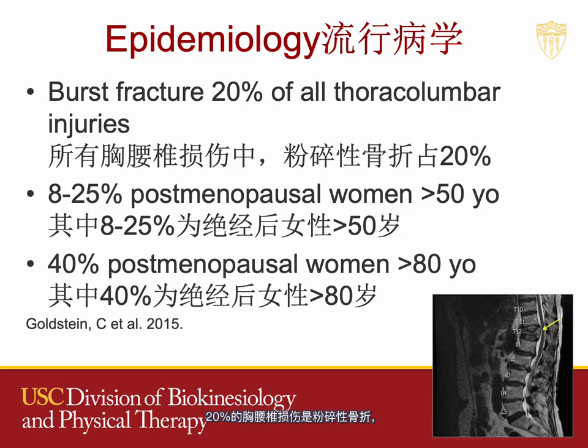So 20% of all thoracolumbar injuries are a burst fracture, and 8 to 25% of the patients that have these kinds of fractures are postmenopausal women over the age of 50, and 40% are postmenopausal women over the age of 80.